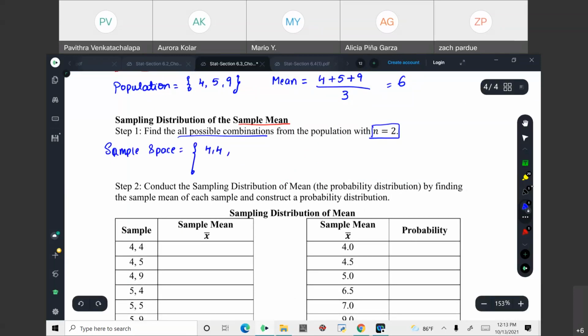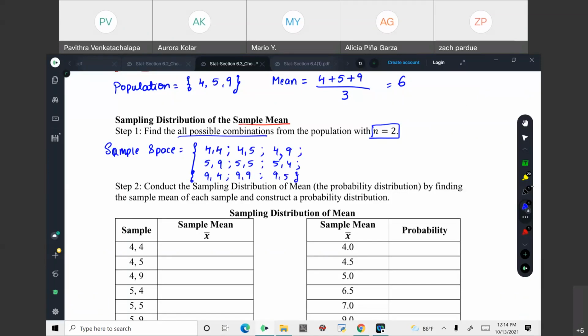It could be 4,4; 4,5; 4,9; 5,4; 5,5; 5,9; 9,4; 9,5; 9,9.